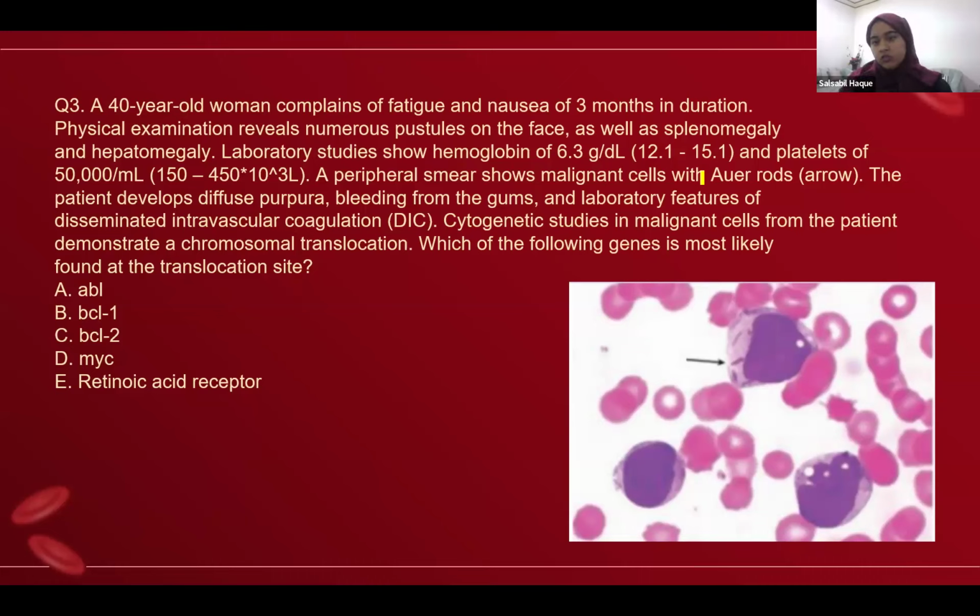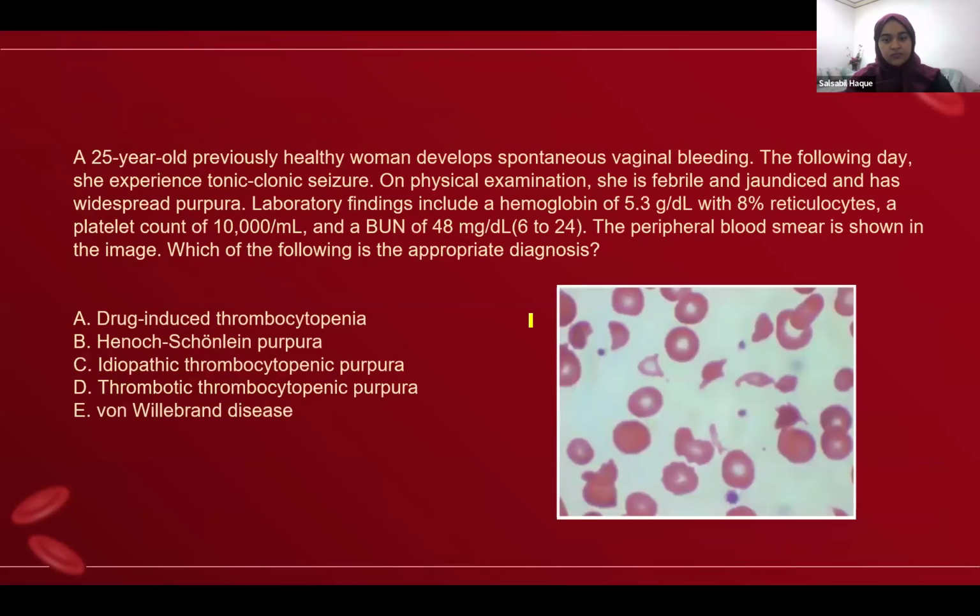And in this, does anyone know the translocation that happens, the gene translocation? 15;17. Perfect, very good. So 15;17 is a translocation that happens in acute promyelocytic leukemia. And yes, the answer is correct. It is retinoic acid receptor. Next question.